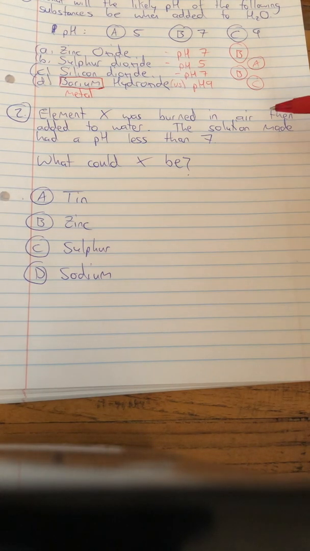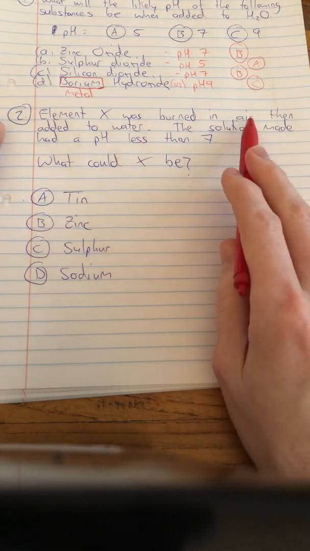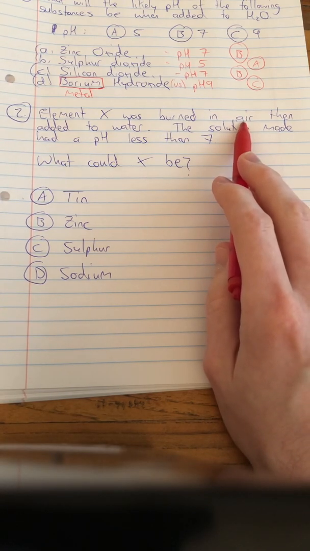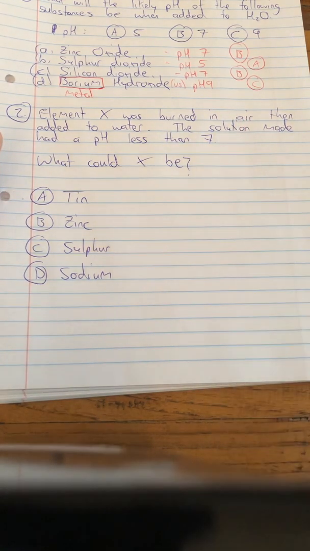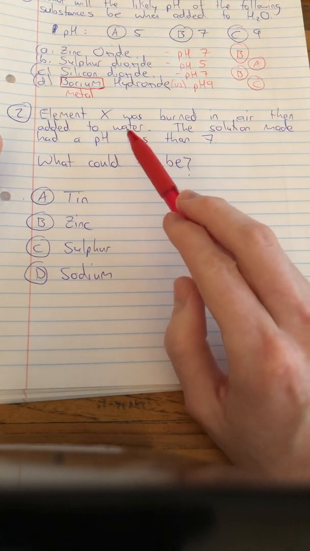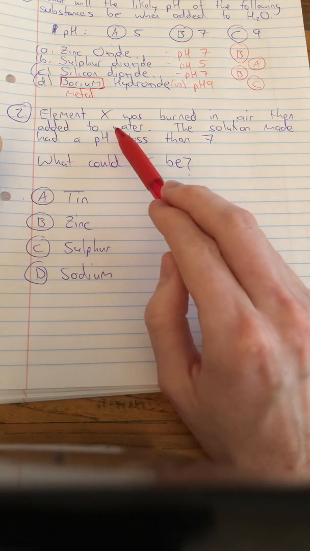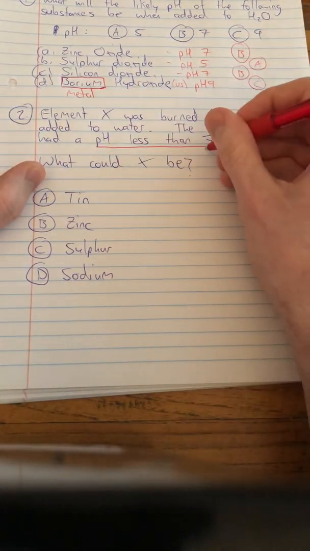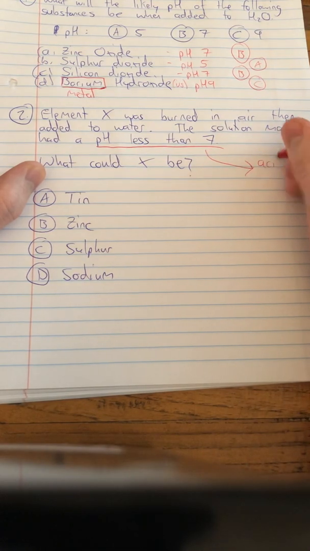Now, element X was burned in air, so obviously an oxide has been formed. It was added to water. The solution had a pH less than 7. This bit's important: it tells us that it's acidic.